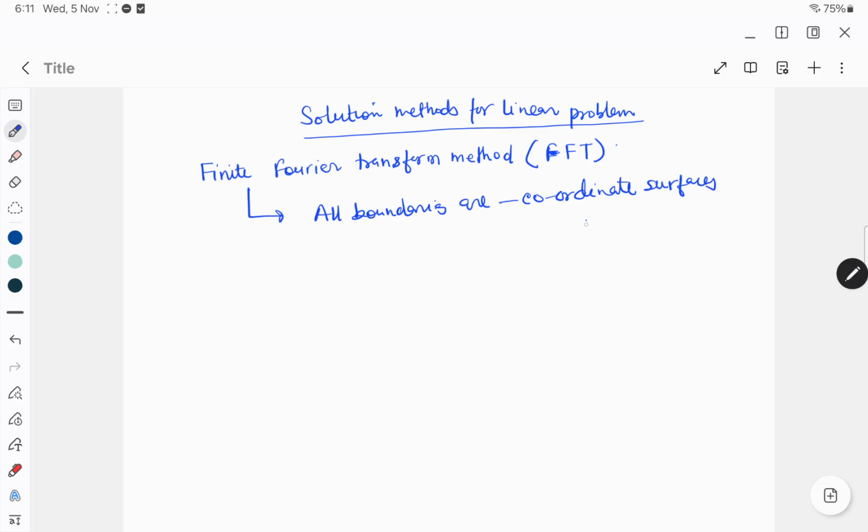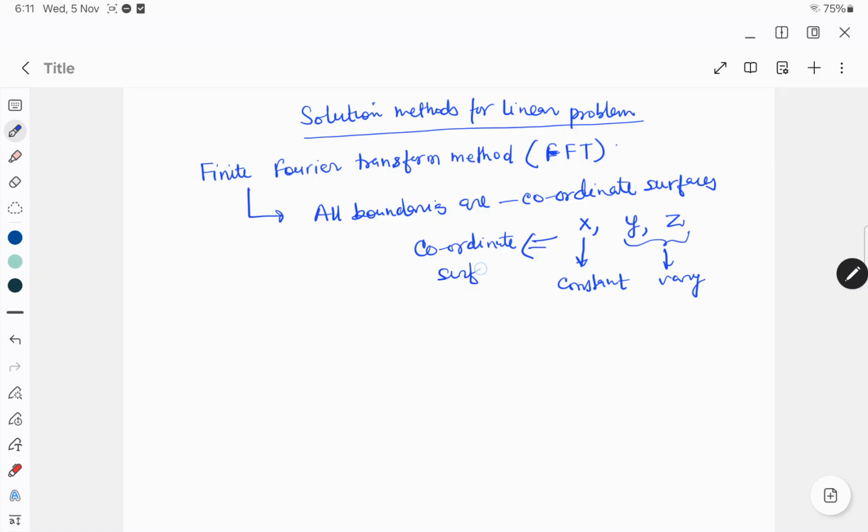Suppose we have x, y and z coordinates. Keep one coordinate constant and vary the other two coordinates. Then whatever we get will be the coordinate surface.